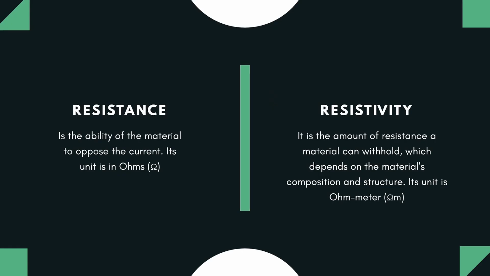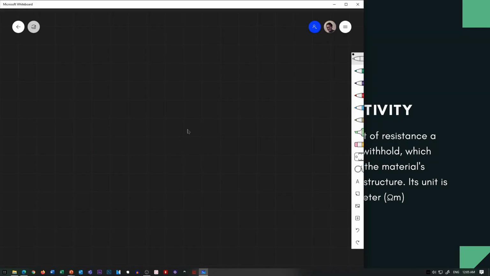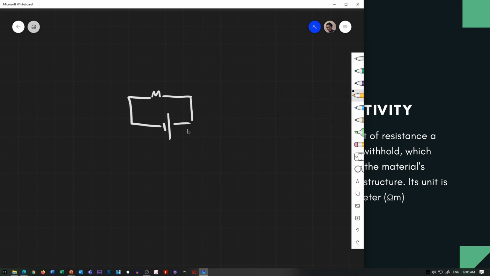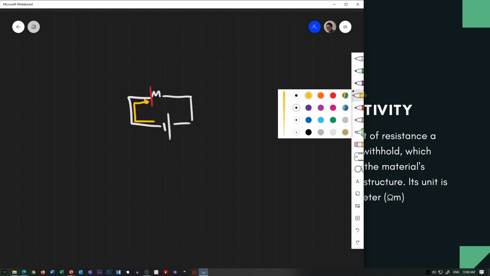Alright, so resistance is the ability of the material to oppose the current. So if you're going to draw a circuit, resistance is represented like this. If this is your current, the resistance puts a certain way of slowing it down, or regulating it.